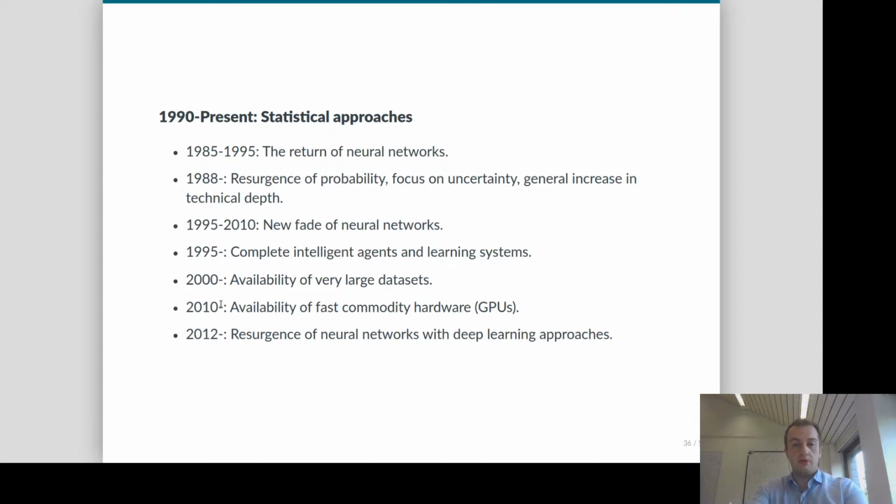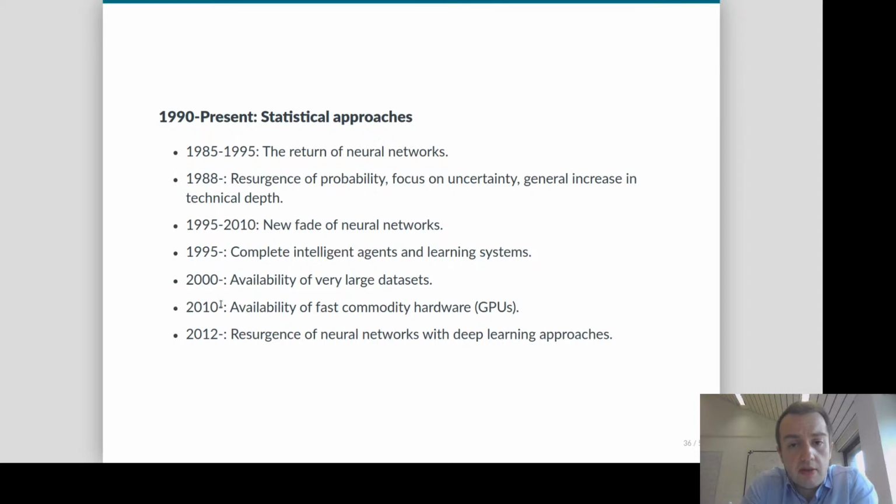There were a few scientists that were still interested in these ideas, and so at the end of the 80s, beginning of the 90s, some people started working again on neural networks. A few of them are Yann LeCun, that you saw speaking in French in one of the previous videos, or Geoffrey Hinton, Yoshua Bengio, and others.